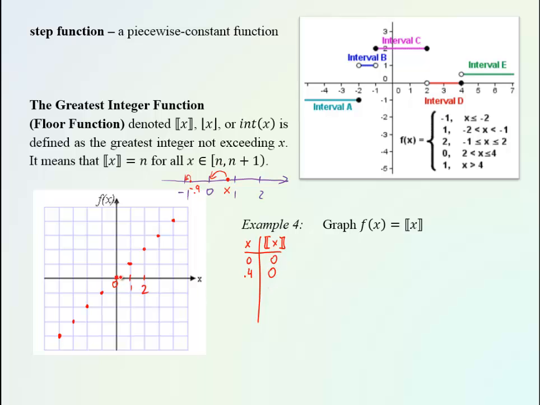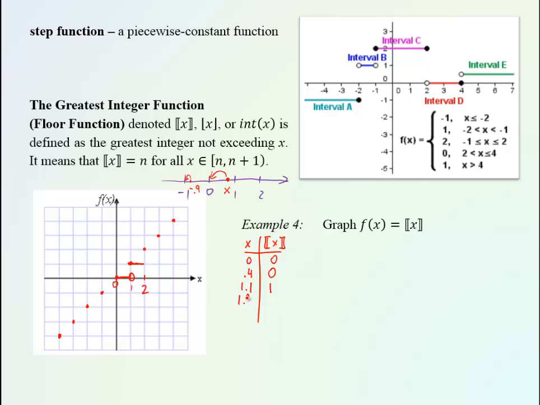So I can go with my points all the way until 1, but not at 1, because exactly at 1 the greatest integer becomes 1. Now if I have 1.1, the greatest integer that does not exceed this number is 1. So for any number a little bit higher than 1, the value of our function is still 1. And that happens until we reach 2.